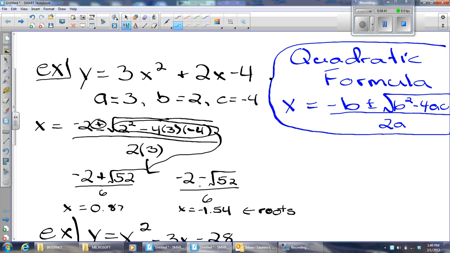Now, if we use the discriminant like we did a couple days ago in class, we would find that we would have two solutions, because here we have two solutions for our zeros.